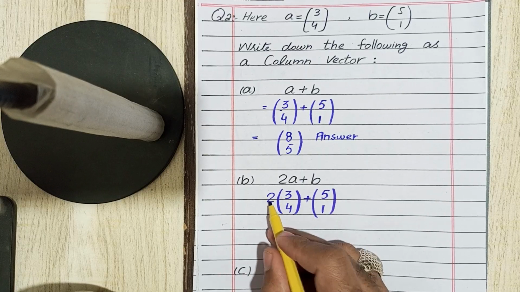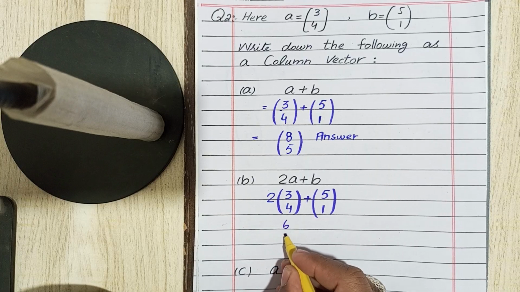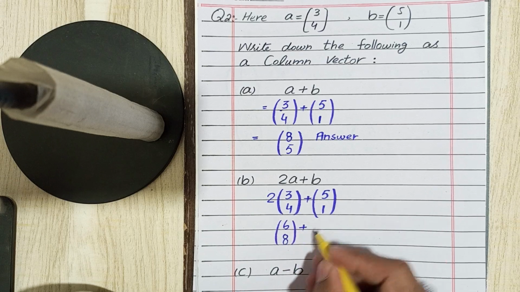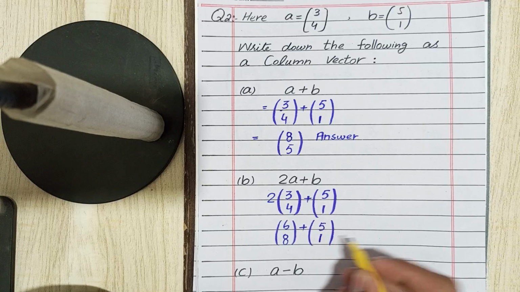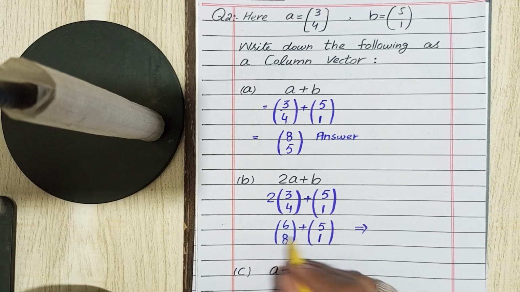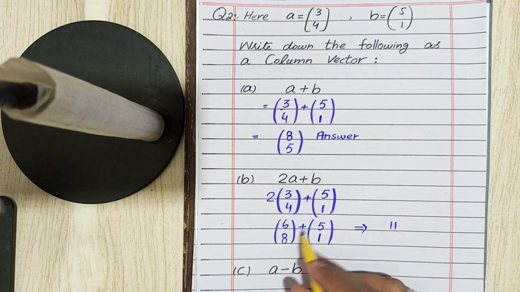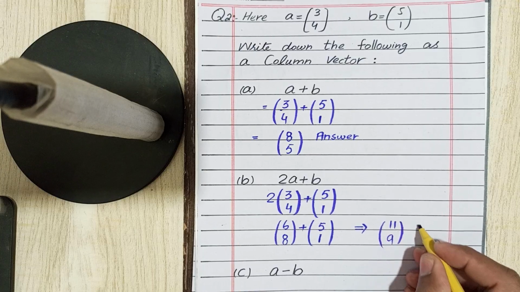Now we multiply 2 with 3. So 2 times 3 is 6 and 2 times 4 is 8. Plus this column vector, 5, 1. Now we add these two vectors. So 6 plus 5 is 11 and 8 plus 1 is 9. So this is our final answer. I hope you got it.